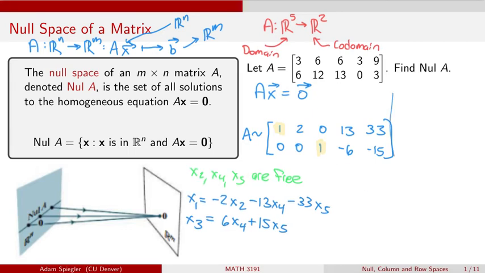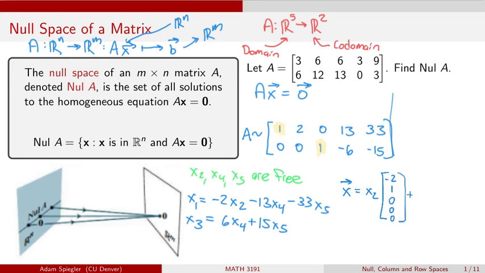And as we've seen, it is useful to write this out in vector form. So I can write this solution as the vector x equals x2 times a vector. In this case, the x1 position has a minus 2 there, x2 is equal to itself, and x3, x4, and x5 are independent of that.